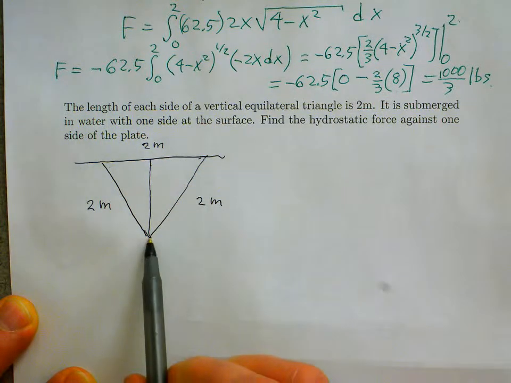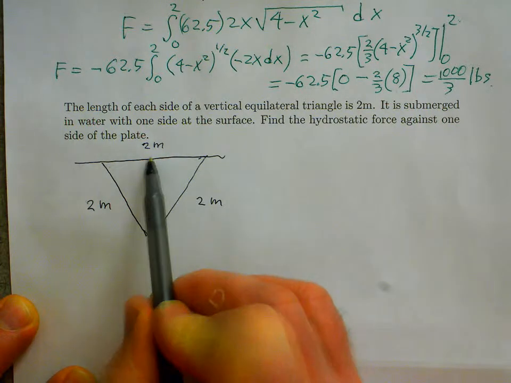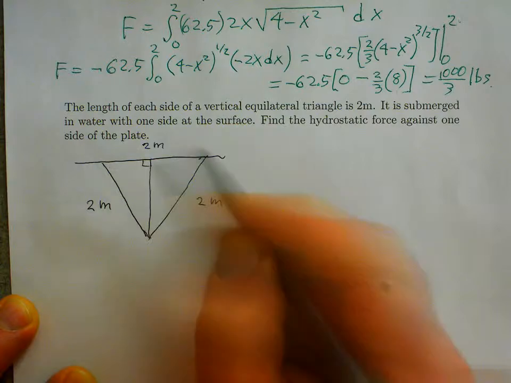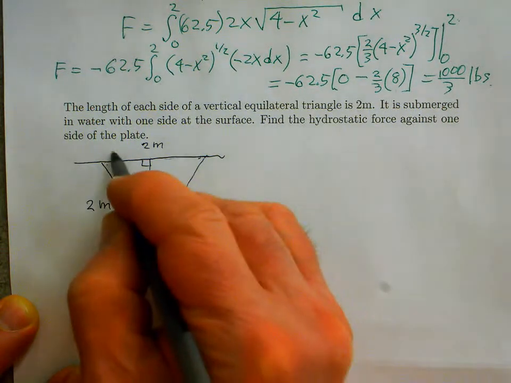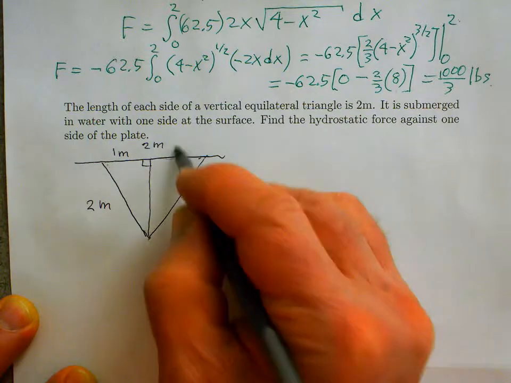Okay, so if we draw a perpendicular from this vertex to the base, it's going to divide that side into 2 equal parts, so 1 meter and 1 meter.